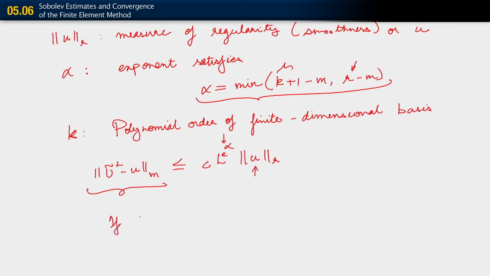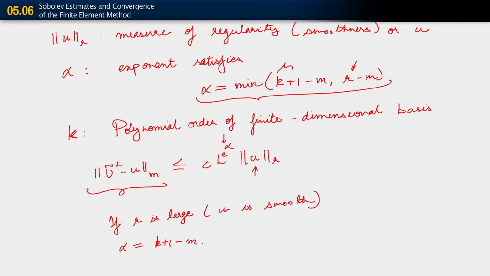So if R is large, which means the exact solution is very smooth, we have a nice, well-behaved problem. In this setting, alpha, being the minimum of those two quantities, is going to come down to k plus 1 minus m.